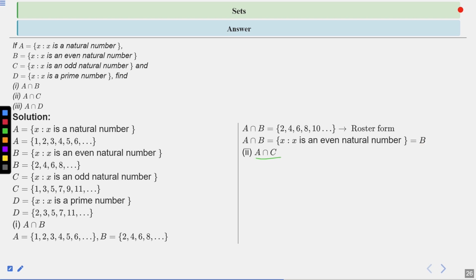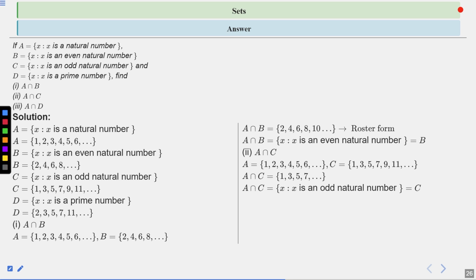Now A intersection C, the same goes for this also. A is all natural numbers while C is odd natural numbers. So A is the superset of C, or C is a subset of A. Meaning A intersection C will be the subset, which is C. So A intersection C is nothing but the collection of all odd natural numbers.